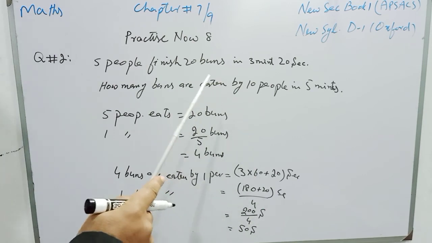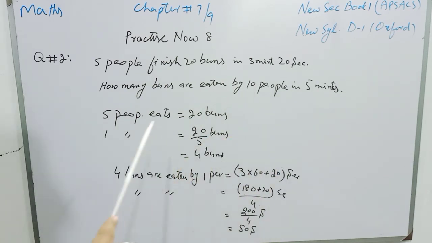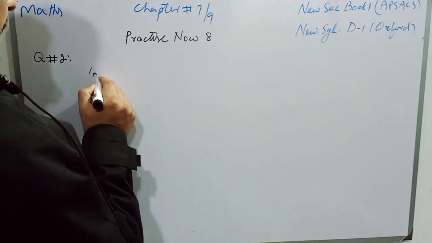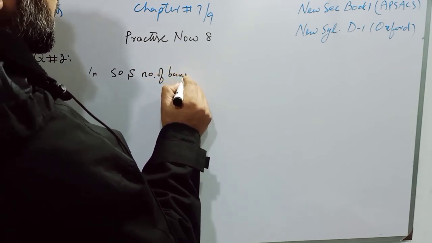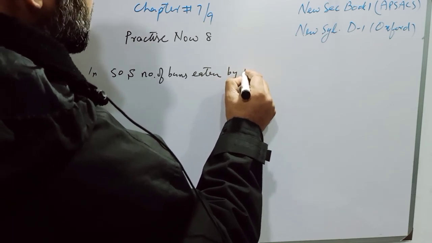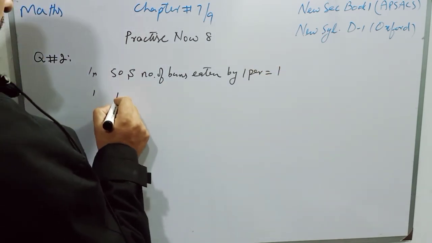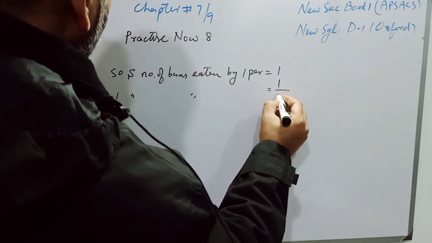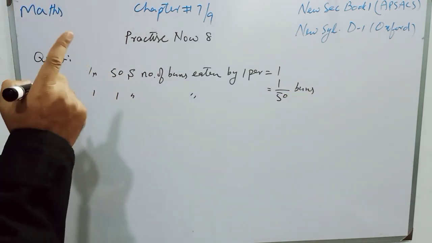Now we have to find the number of buns that are eaten by 10 people in 5 minutes. Students, in 50 seconds, the number of buns eaten by one person is equal to 1. In 1 second, the number of buns eaten by one person is 1/50 buns, and time is 5 minutes.